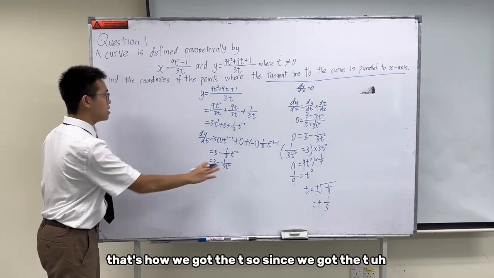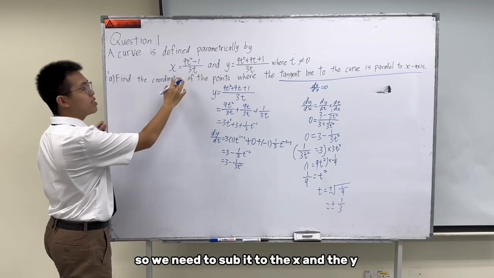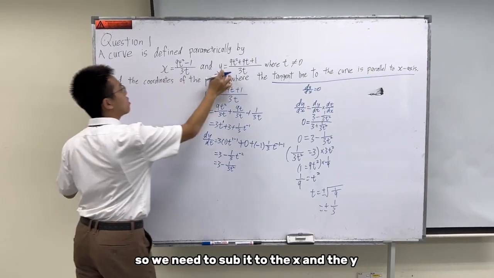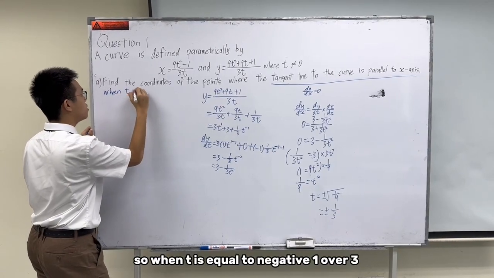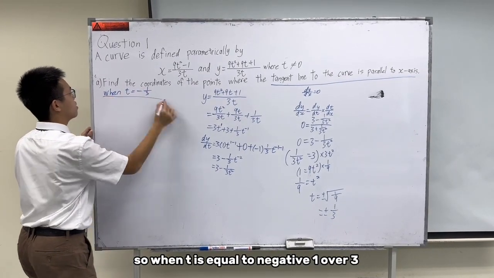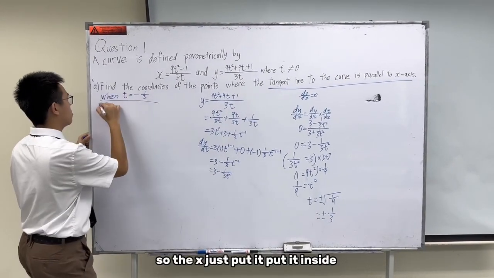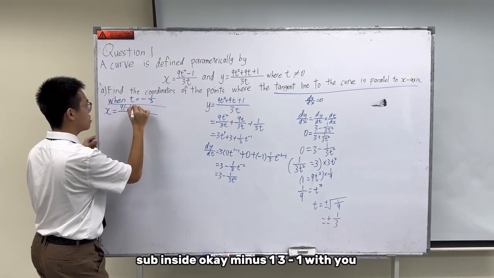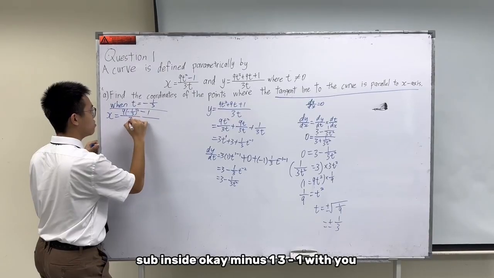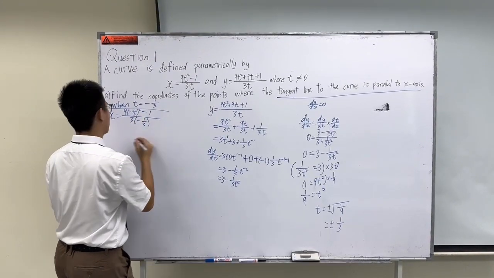Since we got t, we need to substitute it into x and y so we can get the coordinates. So when t is equal to negative 1 over 3, since they are plus or minus, for x we just substitute into 9t squared minus 1 over 3t.